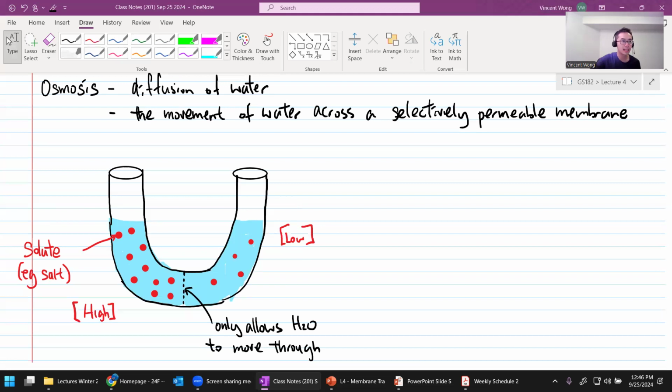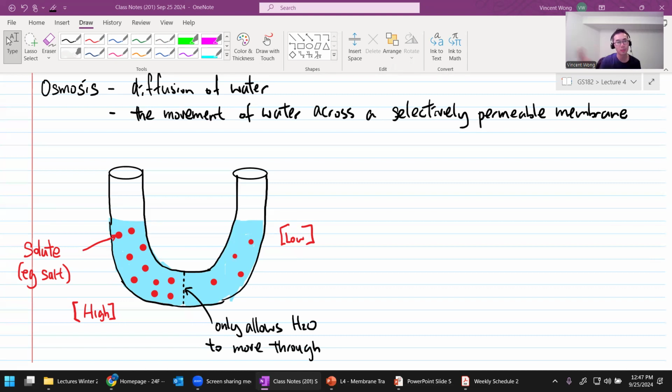Now pay attention to this next part here. This is where it gets confusing for people. We see high concentration on the left and low concentration on the right. The red dots, the solute, would want to go to the right side because things naturally go from high concentration to low concentration, right? So the red dots want to move to the right. Can they do it though?